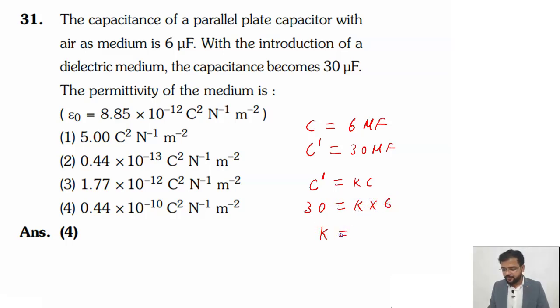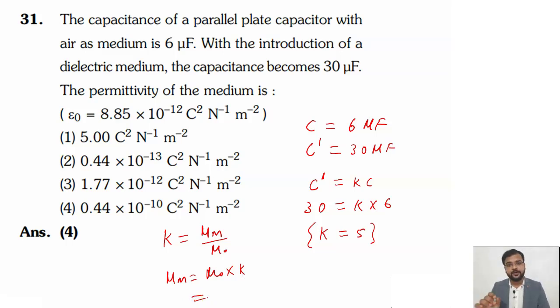So what K value will we get here? 5. So the dielectric constant we are getting over here is 5. Correct or not? And we know one more relation. He is asking the permittivity of the medium. So we know that dielectric constant equals mu R, that is mu m by mu naught. So mu m equals mu naught into K here. What is the mu naught value?